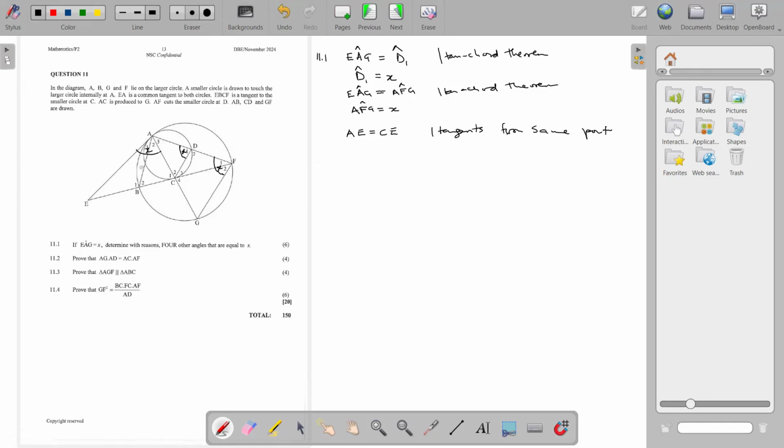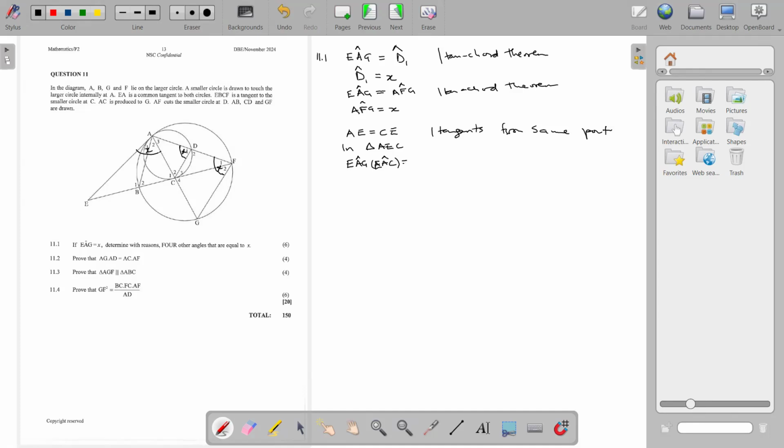So if those two are equal, we can now come into triangle AEC and conclude that the angle EAC is the same angle as EAG.